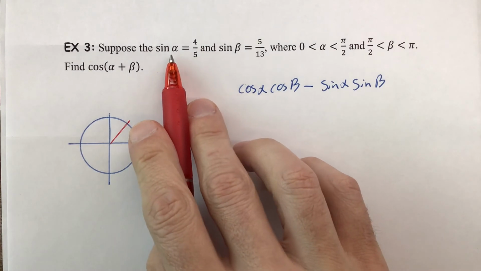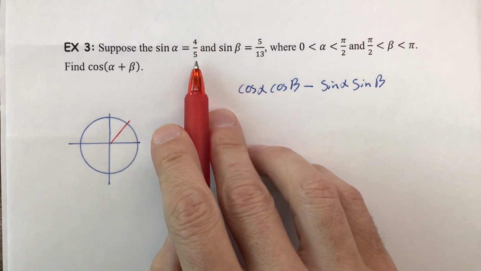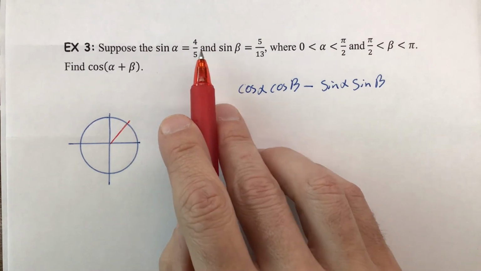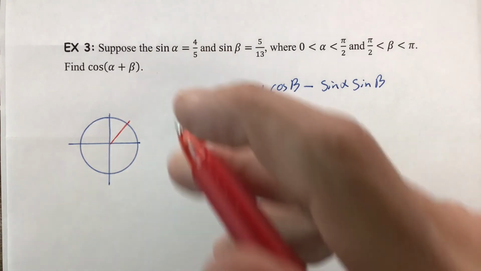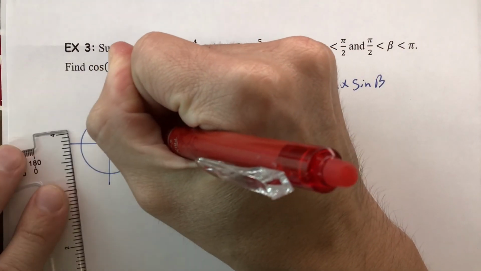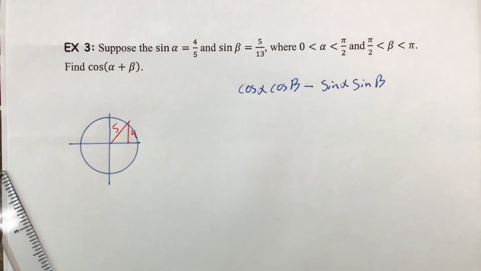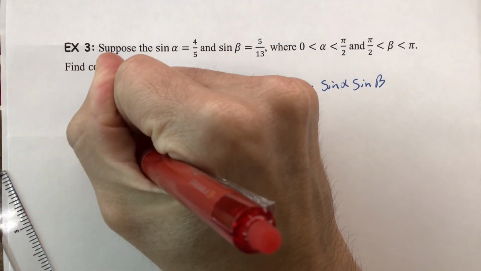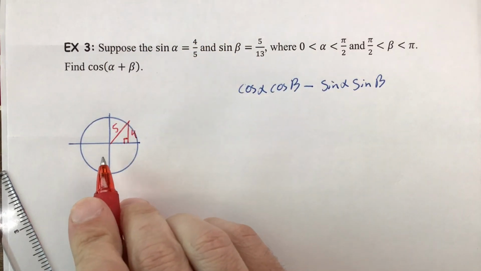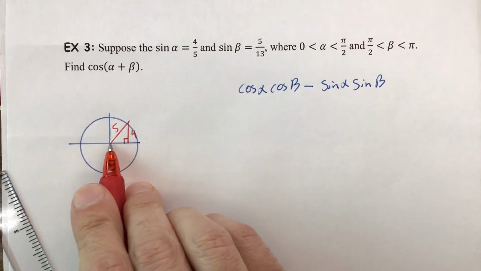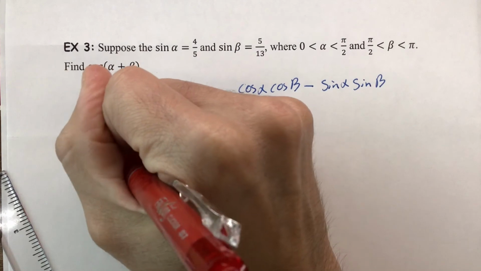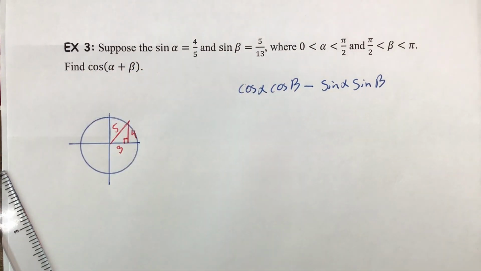We're told that the sine of alpha is 4/5. Based on the definition, the 4 would be the y value, that would be here, and the 5 would be the radius. This is a right triangle, so you could probably figure out that the x corresponding to these values would be a 3. That is a Pythagorean triple.